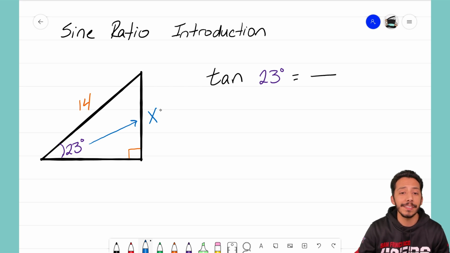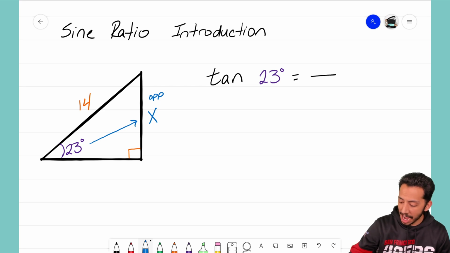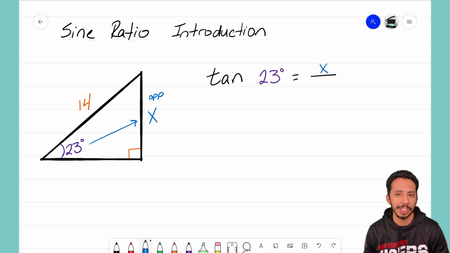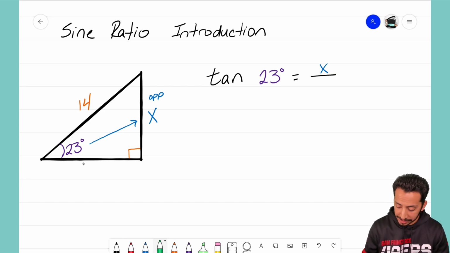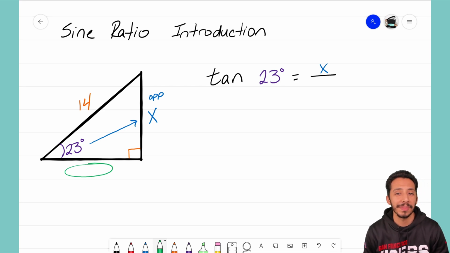Here I'll just call it the opposite side, so our opposite side is x, and I put x on top as the numerator. Then for tangent, I'm interested in delta x, the base of the triangle. But I don't know the length of the base, so delta x is unknown and there's nothing I can put into my tangent ratio.